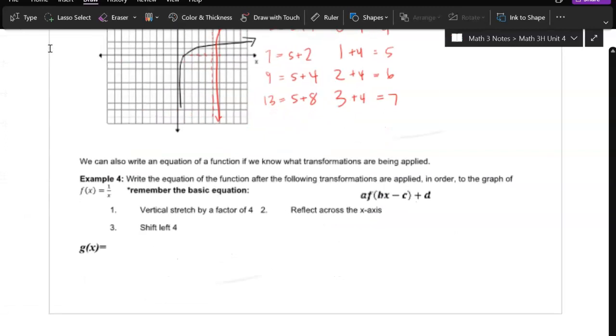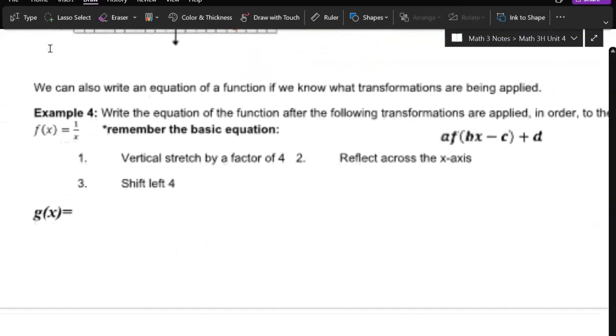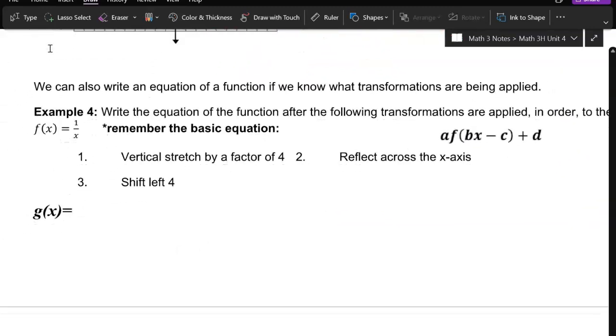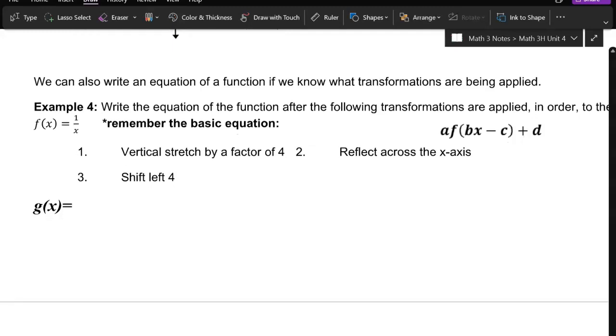All right. And lastly, we have our equation that we're writing. So we have our 1 over x, and then we're remembering our basic equation where A is vertical stretch or shrink, B is horizontal stretch or shrink, C is right or left, and D is up and down. All right, we have a vertical stretch by a factor of 4. So that's our A value. And then our f of x, so 1 over x.